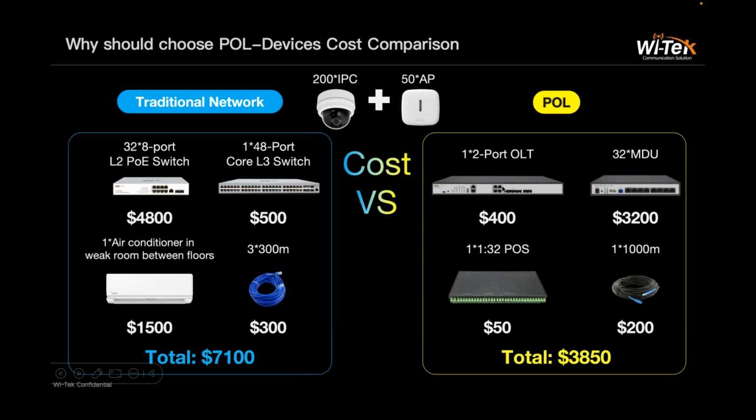And then after that, we move to the POL solution. You can see if we use a two-port GPON fiber OLT, it can handle totally 256 fibers. That means it can take 250 pieces of this one. But here we only need 32 pieces of MDU. We also need a splitter. This splitter splits one fiber into 32 fibers, so it can carry 32 MDUs.